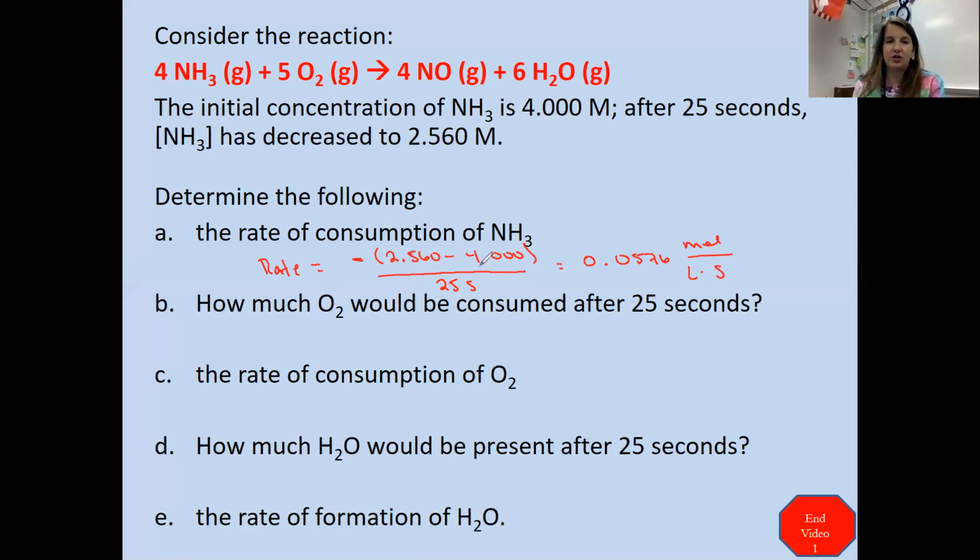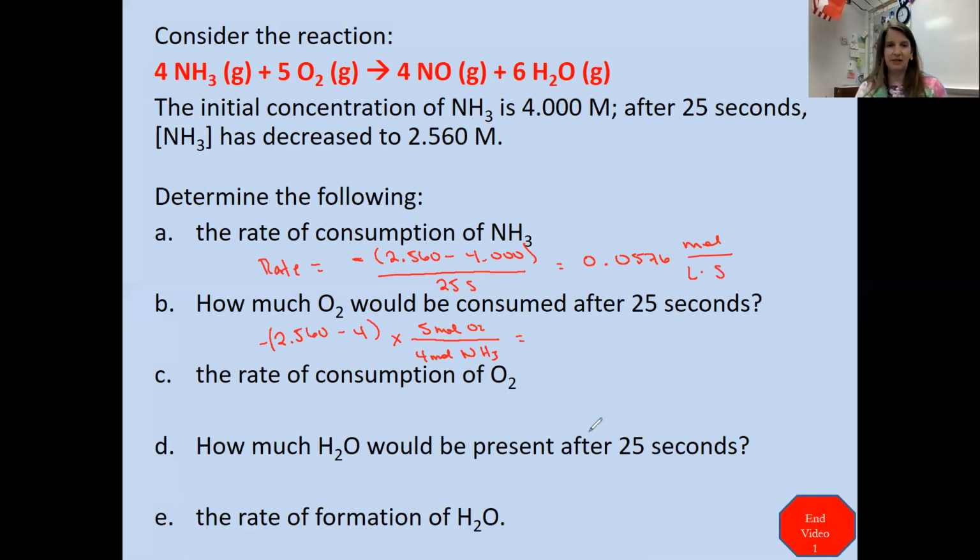So let's look at how much ammonia was consumed. So the 2.560 minus 4. That's going to give us how much ammonia was consumed, but we want to get this into oxygen. So remember, we put our moles of ammonia down here, the one that we're trying to get rid of, so that we're left with our moles of oxygen on the top.